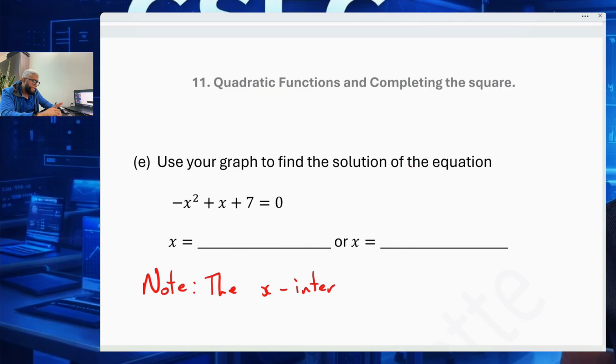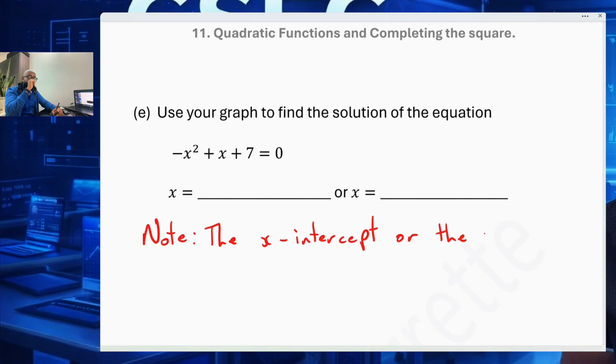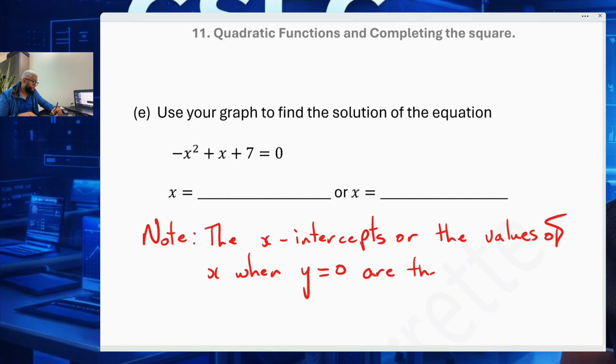Write this down please, Yuvraj. The x-intercepts, or the values of x when y is equal to 0, are the roots of the quadratic, right?